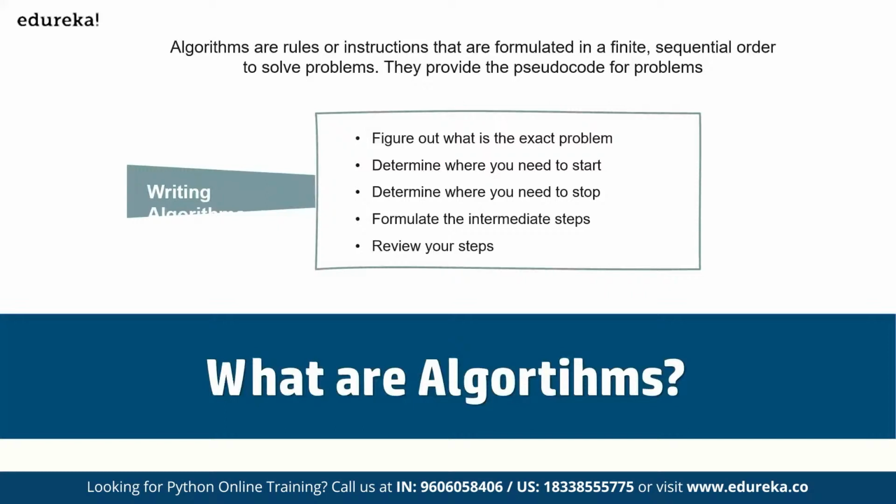For example, let's say we have to formulate a simple algorithm to check if a student has passed the exam or not. Here we can create a multiple step algorithm. We can start, declare two variables, store the marks obtained in X, and store the minimum passing score in Y. Then we check if X is greater than Y, then the student has passed, else it should simply return failed.